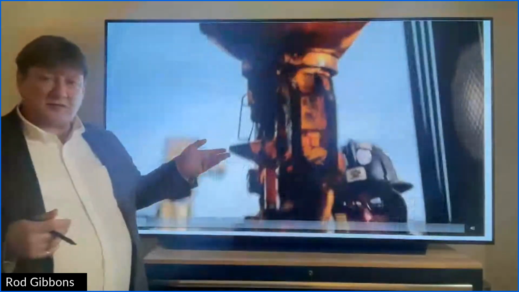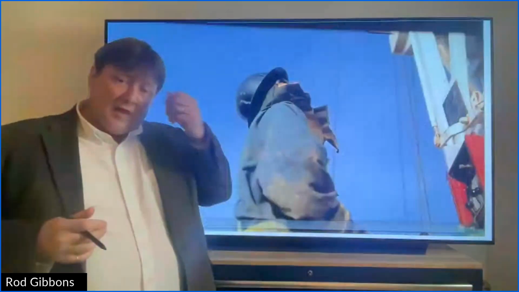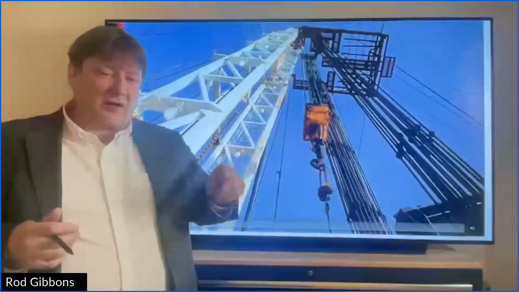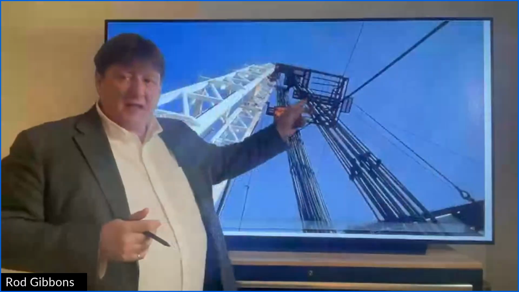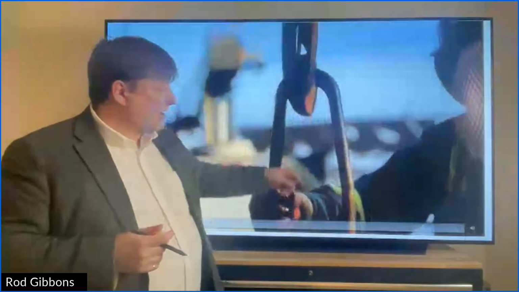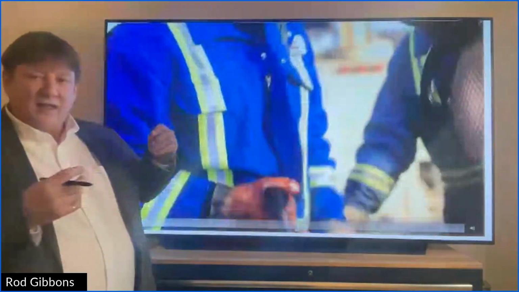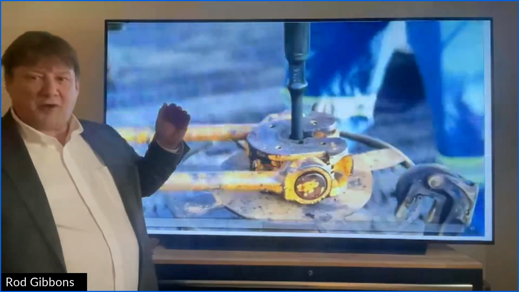This is a service rig, and what these guys are doing is they are pulling sucker rods. So you see these things in the drilling derrick. They're actually sucker rods. Those are the metal rods that are screwed together that connect the pump jack to the rod pump in the well.